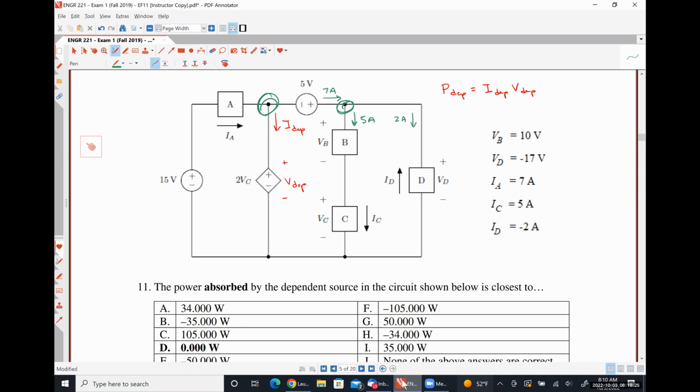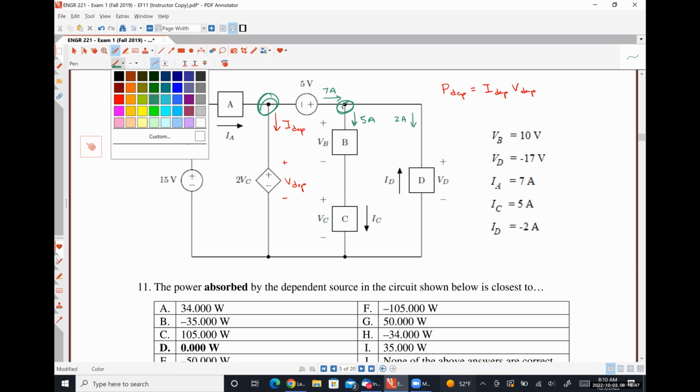Sure, so I wouldn't be doing KVL to find the voltage V dependent in particular. Let me erase some of this stuff. I know that the voltage drop V dependent is just 2 VC. So I really just need to figure out what VC is.